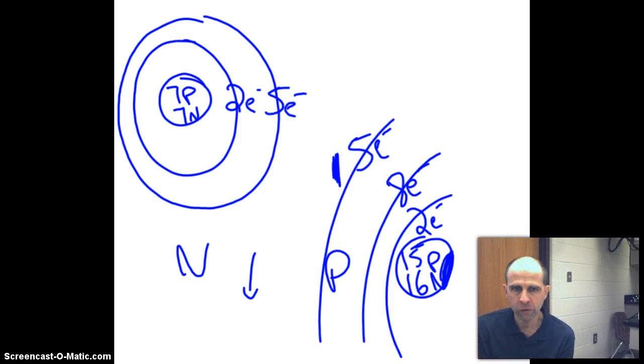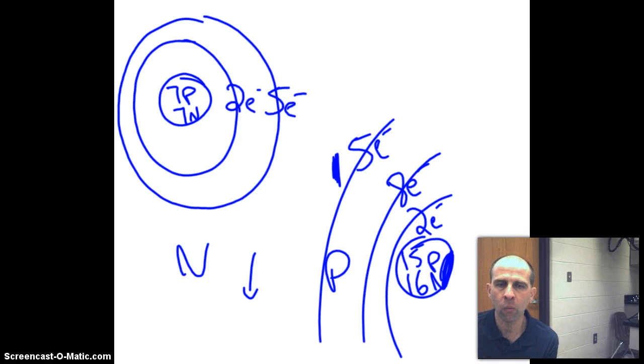Get their definitions down because they're different things, but all of them are measures of electron love. How much does this thing want electrons? As you go down and the radius gets bigger with more shells, you continually get weaker in your electron love. All 3 of those things. So that's a huge thing that ties a lot of stuff together.